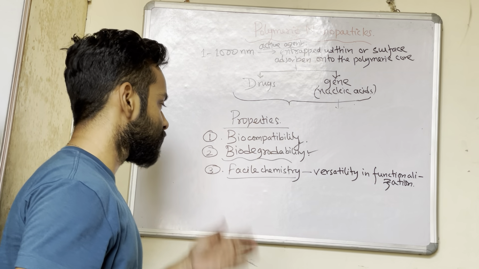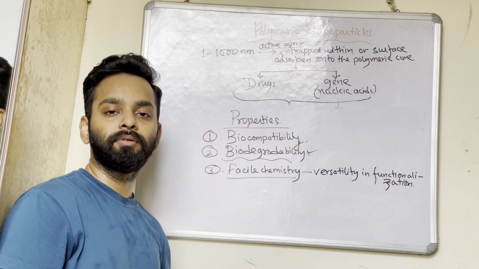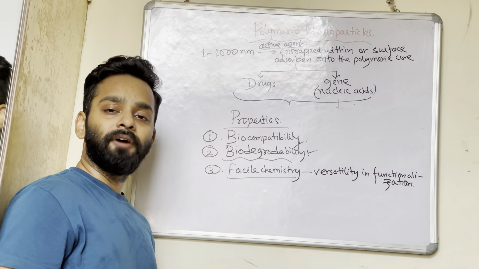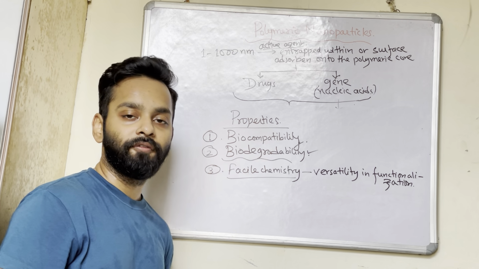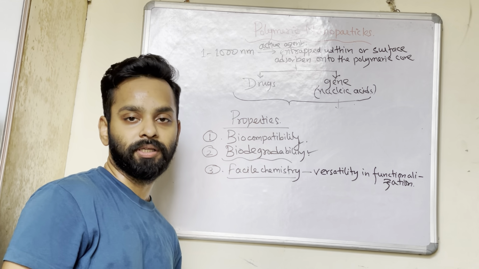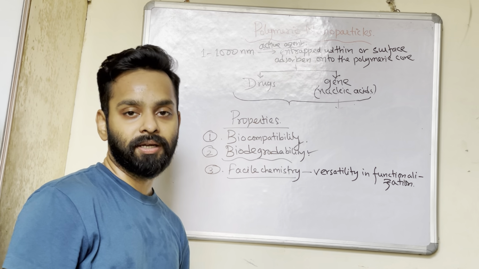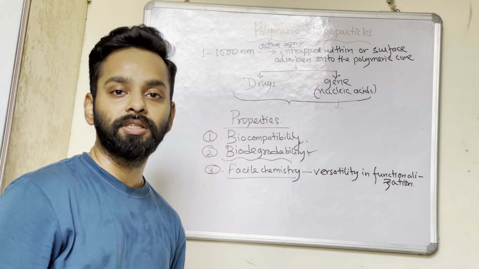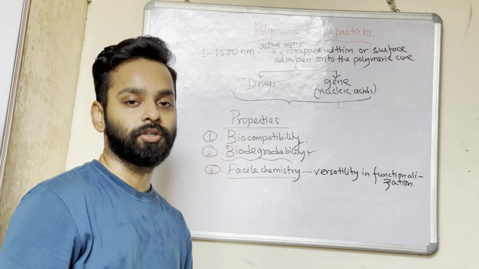What it means is that their chemistry can be modified based on the particular application for which we are trying to fabricate them. So, functionalization is an essential modification technique of polymeric nanoparticles or any polymeric systems. By modifying the functional groups, we can impart new properties in the materials, and we can exploit these properties for a specific type of application or a specific type of delivery to a given tissue.